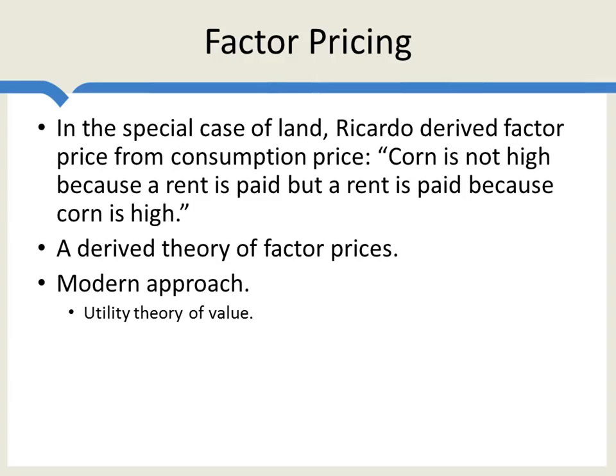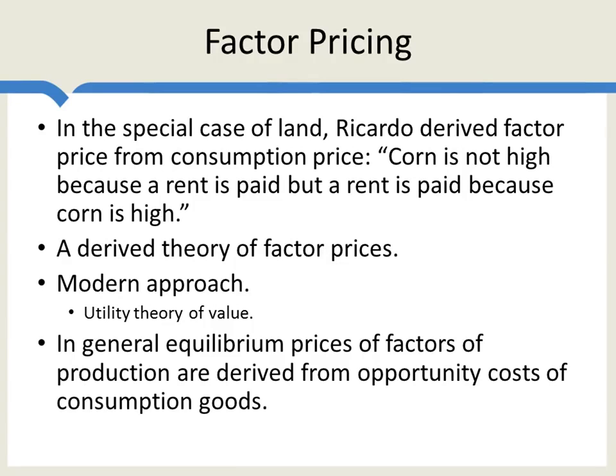Of course, in the modern approach, we have not a labor theory of value, but a utility theory of value. Goods have value because ultimately they can be used to satisfy our preferences, and only because they can be used to satisfy our preferences. So in the modern approach, in a general equilibrium competitive economy, the prices of all factors of production are derived from the opportunity cost of consumption.